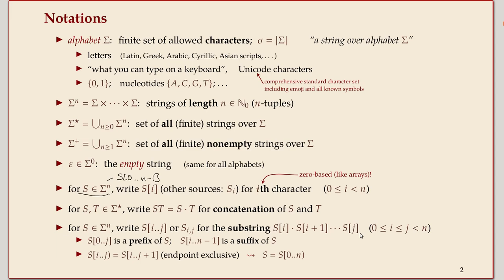That's a substring. Specific substrings that have a specific name are the ones that start at 0 or end at the end. Those are called prefixes or suffixes of a string. And the last point is I will use the round parenthesis to say the endpoint is exclusive. That's convenient because then we can write 0 and exclusive for the thing that occurs most often.